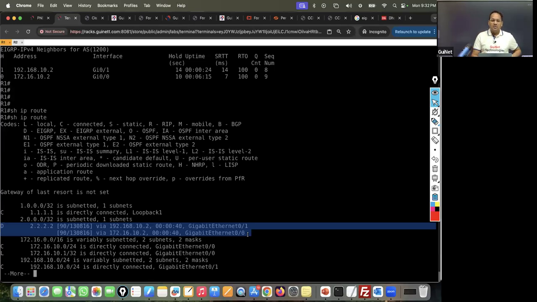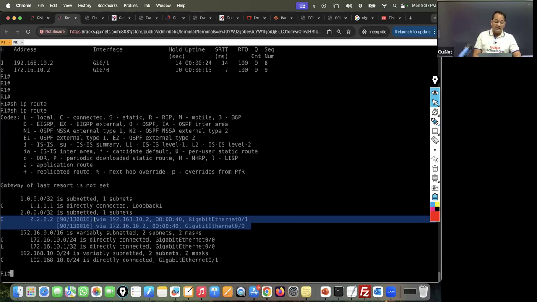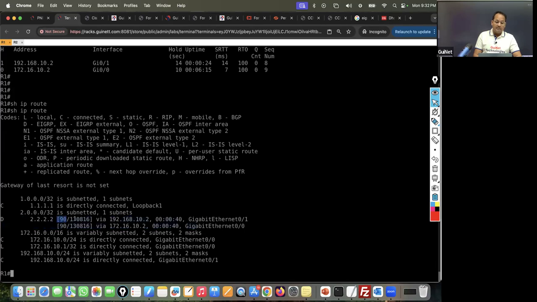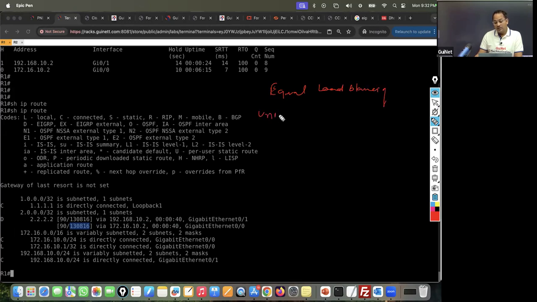I'll explain this metric calculation later on, but you can see they have the same AD and the same metric. So by default they are going to do load balancing. Later we'll see what load balancing is. EIGRP supports equal load balancing, and it also supports unequal load balancing.